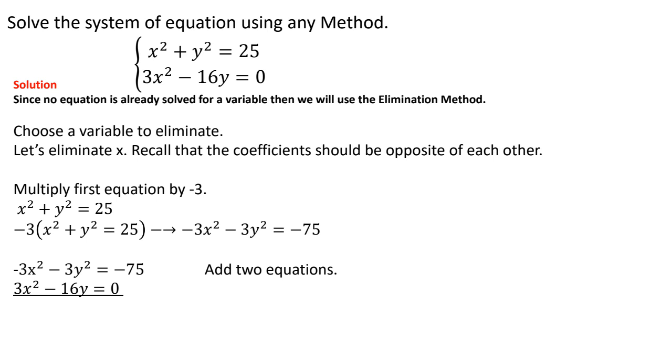So when we add these two equations, we see that we've eliminated the x terms, right? So -3x squared plus 3x squared is 0, and we have -3y squared minus 16y, and -75 plus 0 is -75. So again, we can see that we have a quadratic equation.